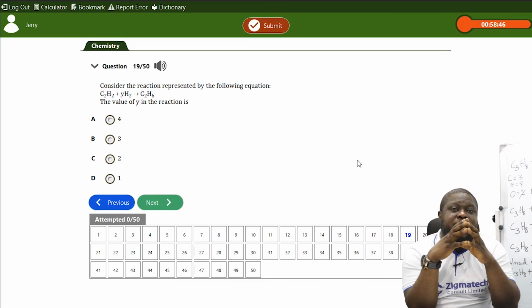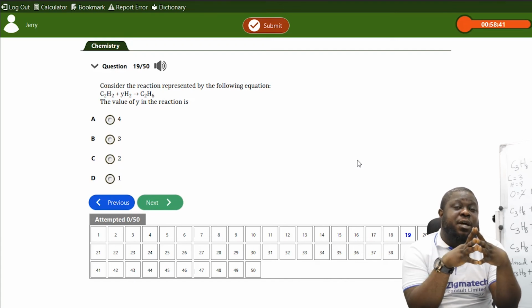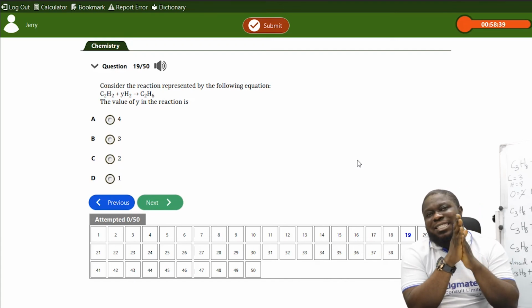Now, if your hydrogen is not going to be complete, you have to balance the hydrogen on the left, because the hydrogen is lower on the left than on the right.